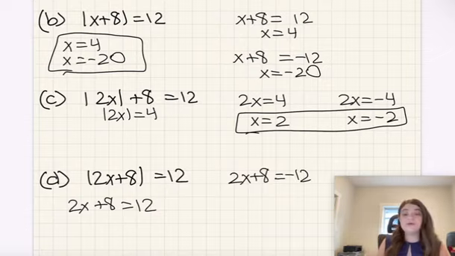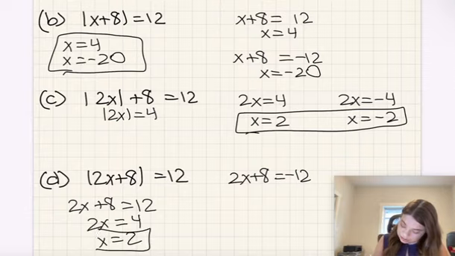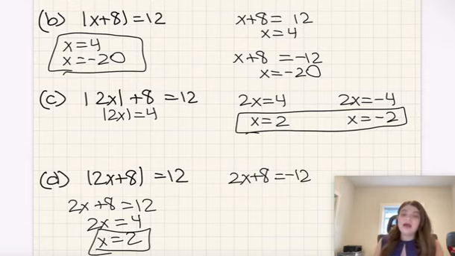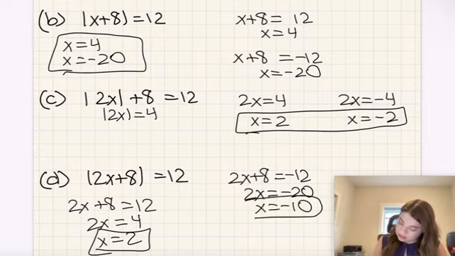So let's first solve the one on the left. If 2x plus 8 is equal to 12, that means 2x is equal to 4, which means x is equal to 2. So that's one answer. And then for the one on the other side, if I subtract 8 from both sides, I get 2x equals negative 20, which means x is equal to negative 10. So there we go. Those are our answers.